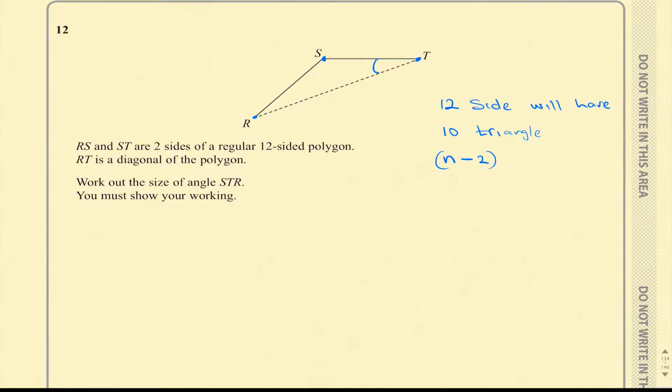So that's the number of triangles it will have. And 10 triangles, that would be 180, because the total angle in a triangle is 180 degrees, times 10. That would be the total of the interior angles, and that would be 1800.